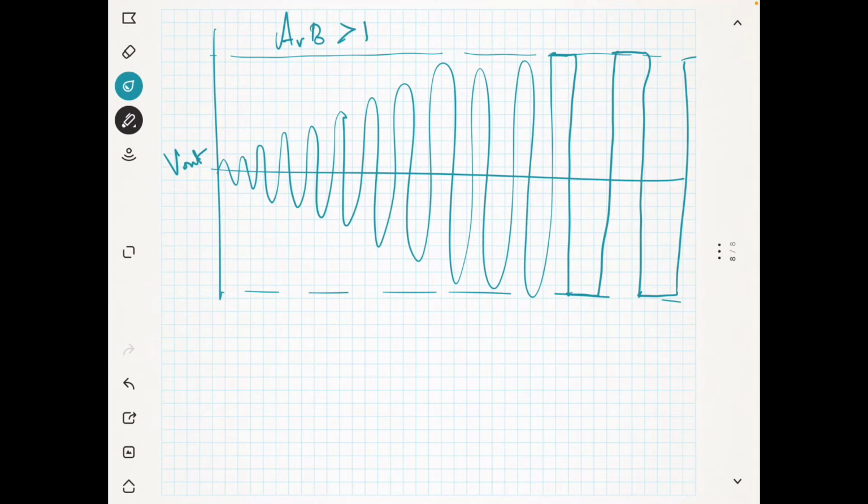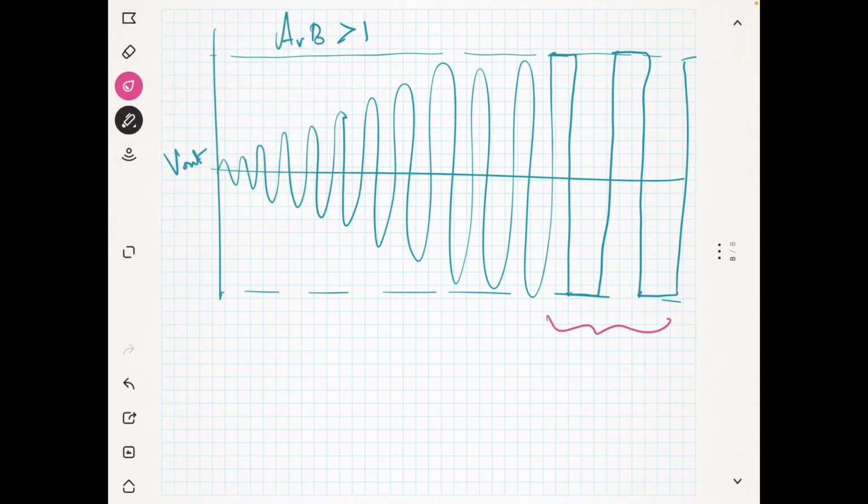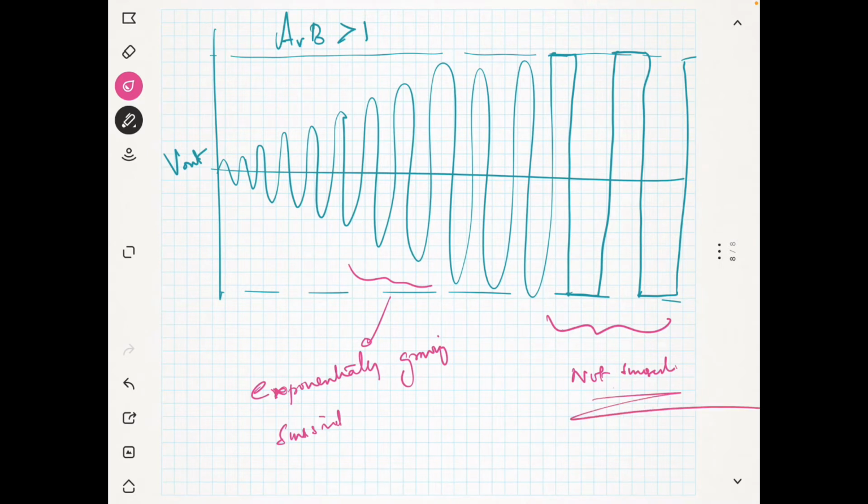This is a problem. No longer is it sinusoidal at these points, though here it is okay. It is an exponentially growing sinusoid, but here it is not sinusoid. So this cannot be used.